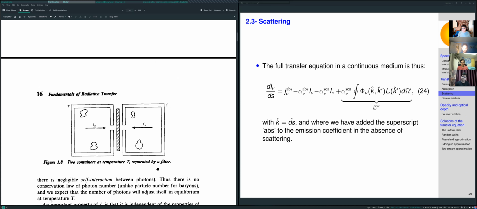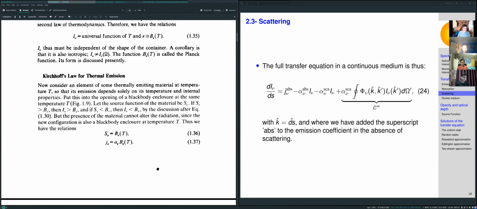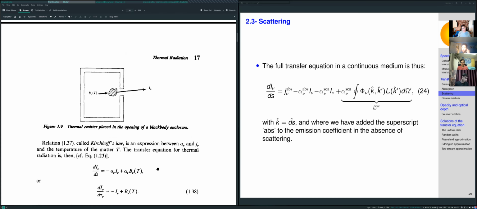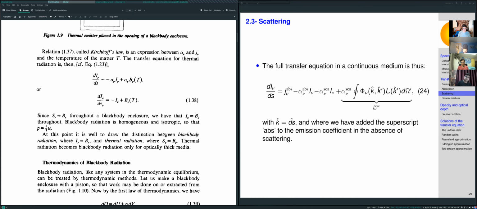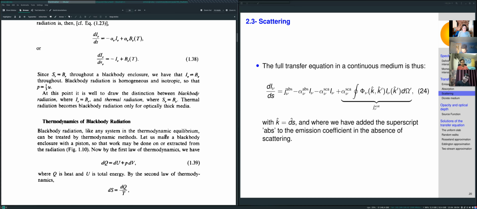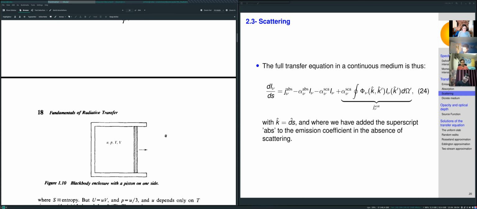Okay, so then I was saying we had to skip over this blackbody radiation. It is the same as radiative transfer, but in the case where the source function is the blackbody radiation. Still, make sure that you understand this.